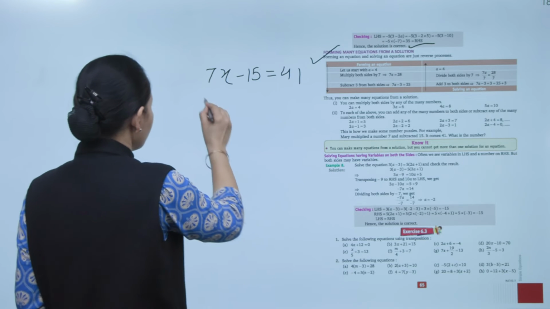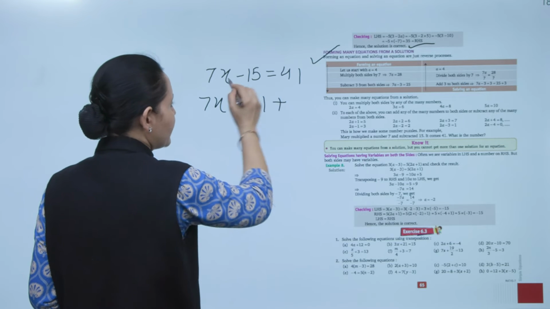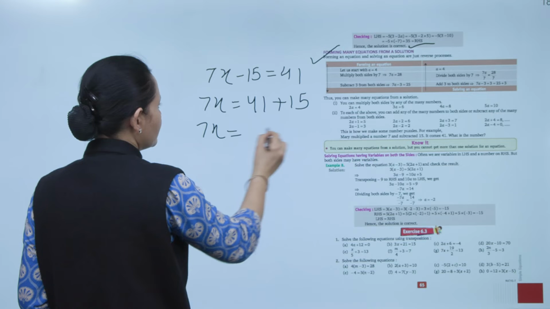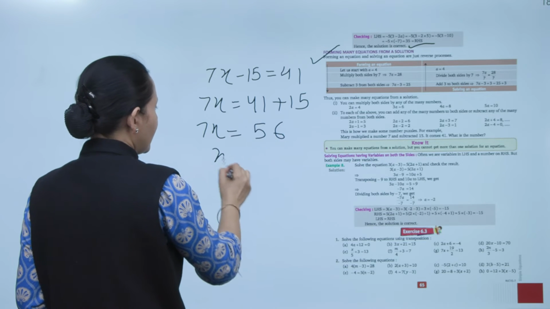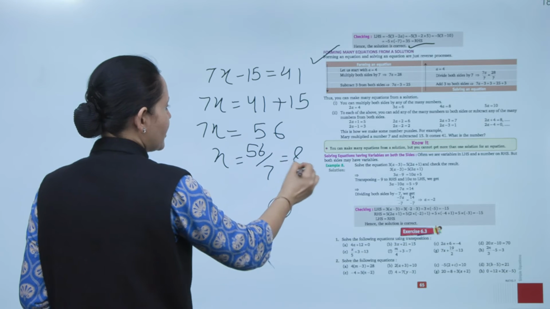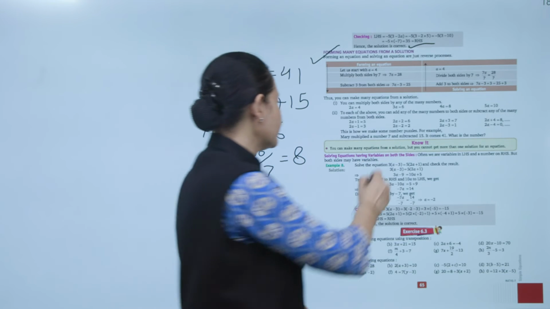Now 7x equals 41 plus 15. We transpose, so 7x equals 56. x equals 56 upon 7, that is equal to 8. So that number is 8. Clear? Know it.